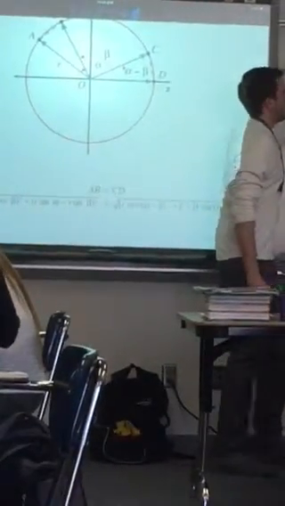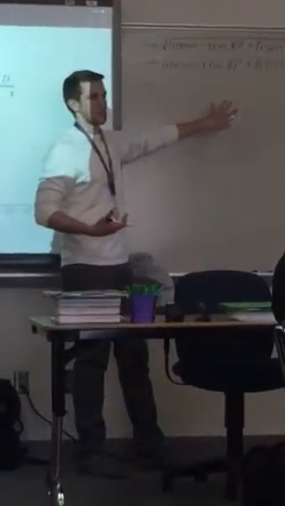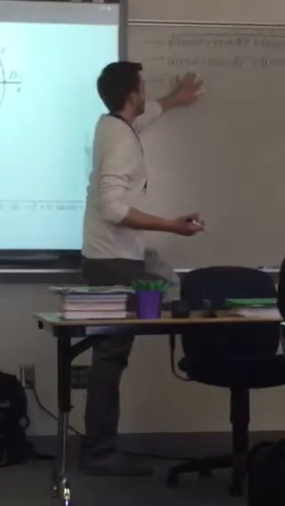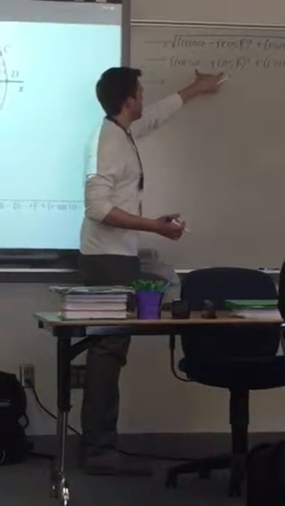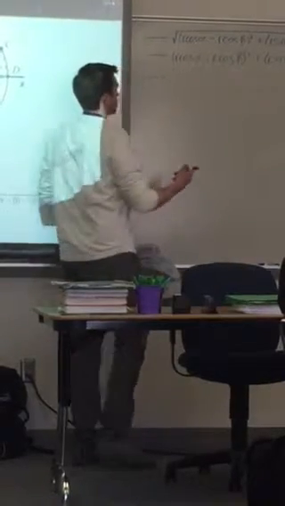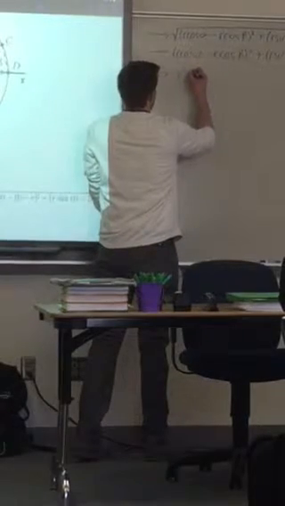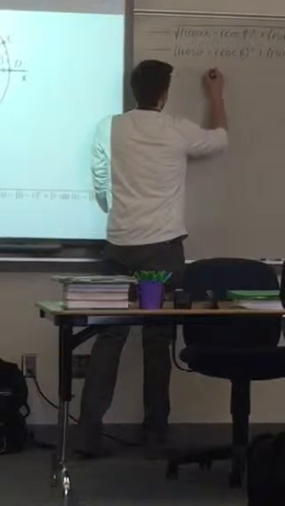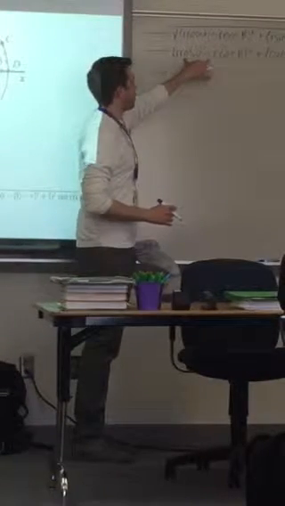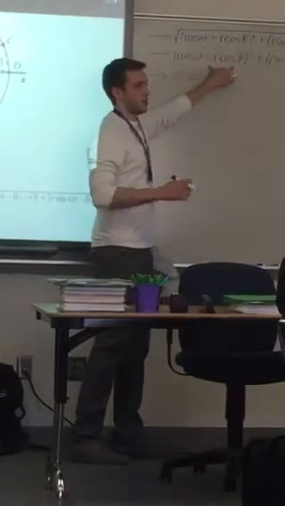So now we're going to visually and verbally process this FOIL. I'm not going to write out the entire thing per se. So this is this binomial times itself. So first would be r cosine alpha times r cosine alpha. That's r squared cosine squared alpha. The inner and outer terms would be r cosine alpha times minus r cosine beta.